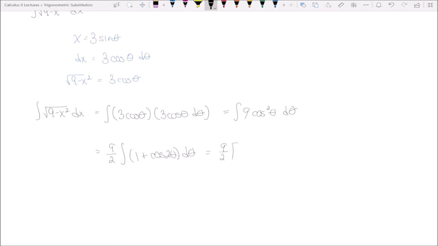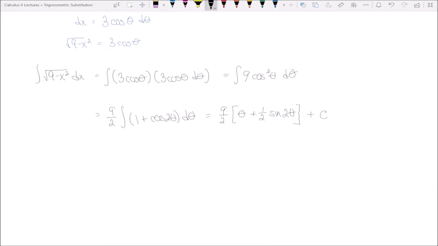We get 9/2 times the quantity theta plus 1/2 sine of 2 theta, obviously plus a constant. And now use the identity for sine of 2 theta. We get 9/2 theta plus 9/2 sine of theta cosine of theta plus our constant.